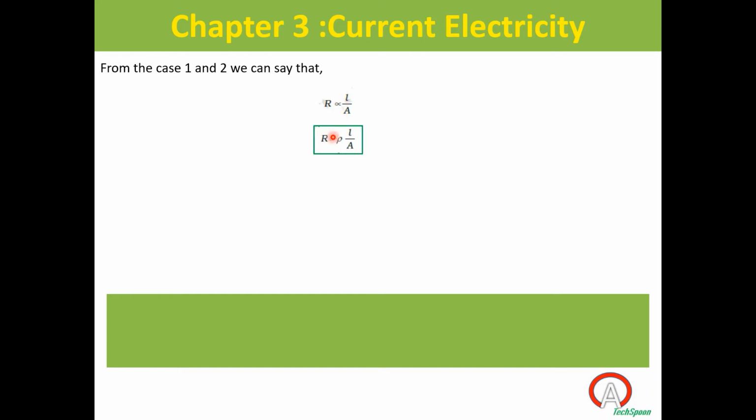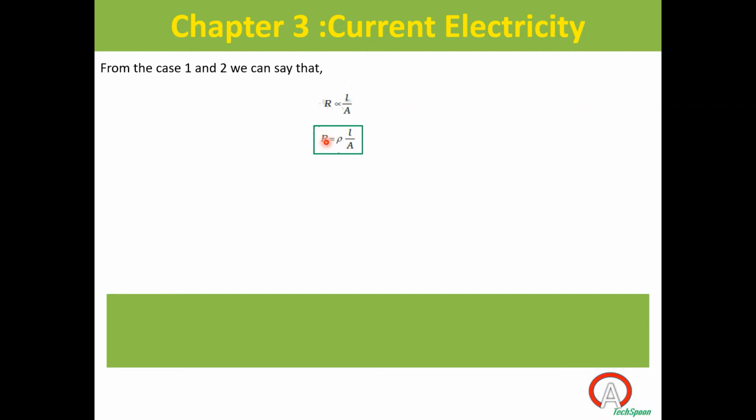So R is equal to a constant into L by A. If you want to change the proportionality symbol, we need to insert a constant. Here the constant uses a symbol that looks like small p, but it is called rho.